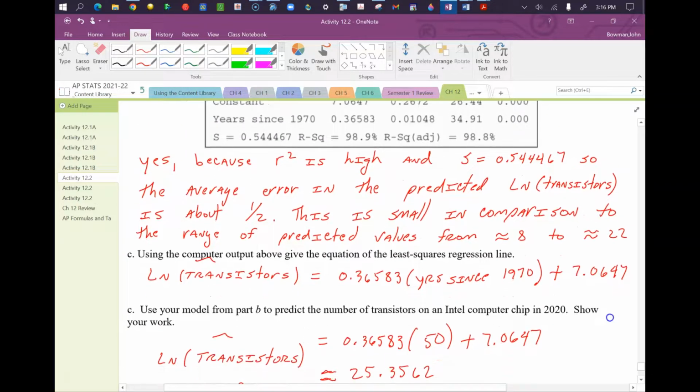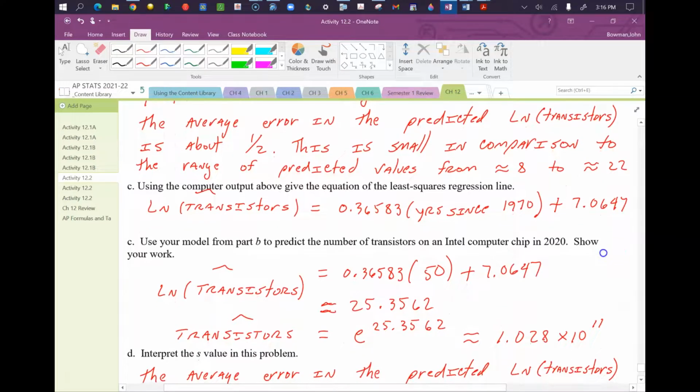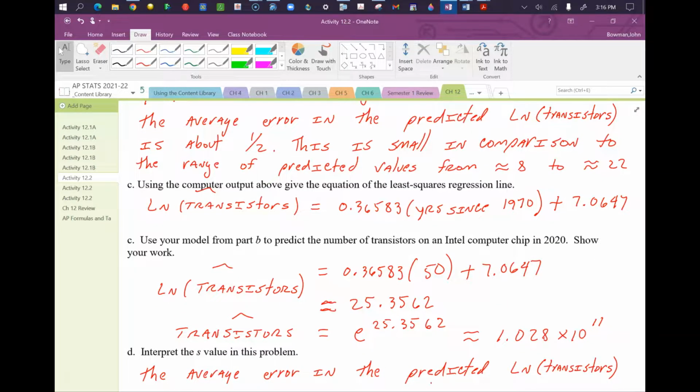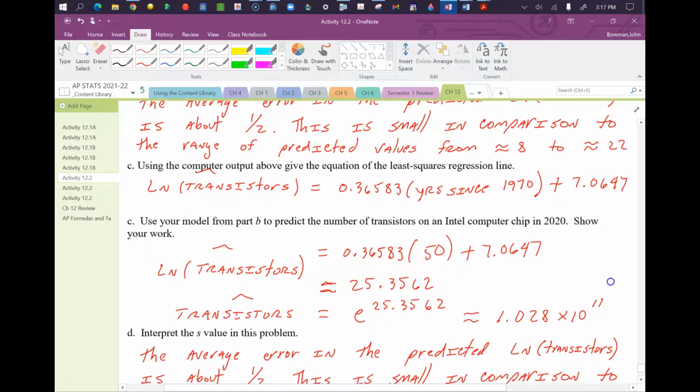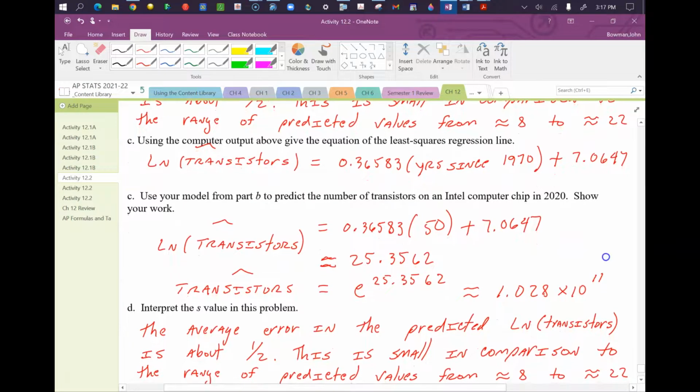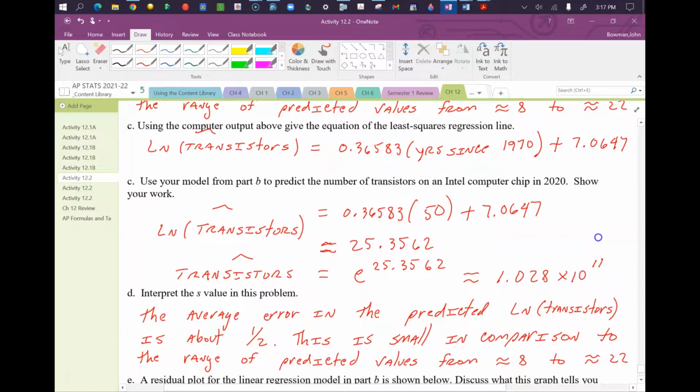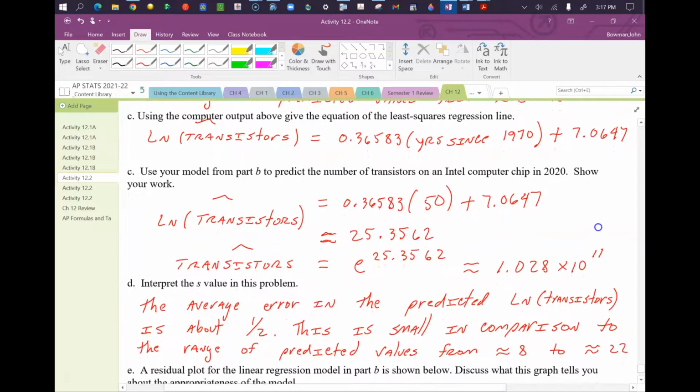So if we use that, we have the following equation. The predicted natural log of the transistors is equal to about 0.37 times the years since 1970 plus approximately 7. And you can use that to predict the number of transistors on an Intel computer chip in the year 2020.